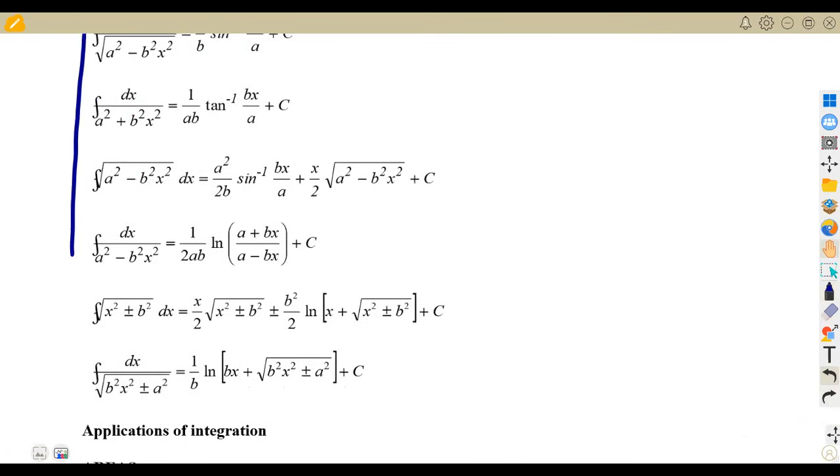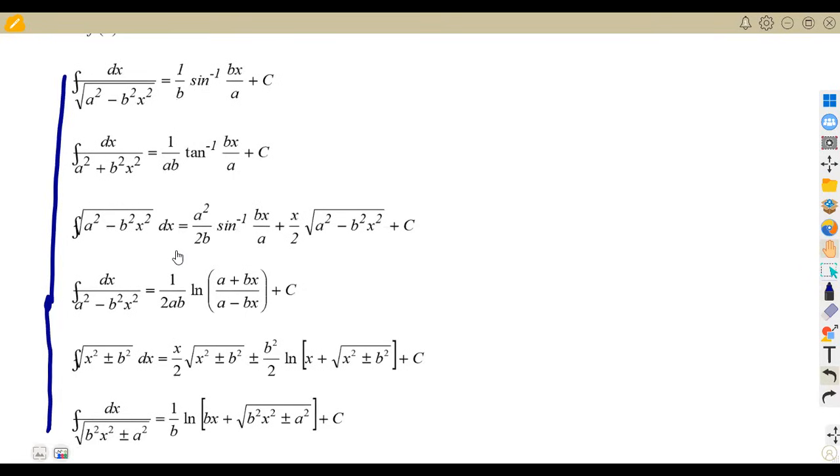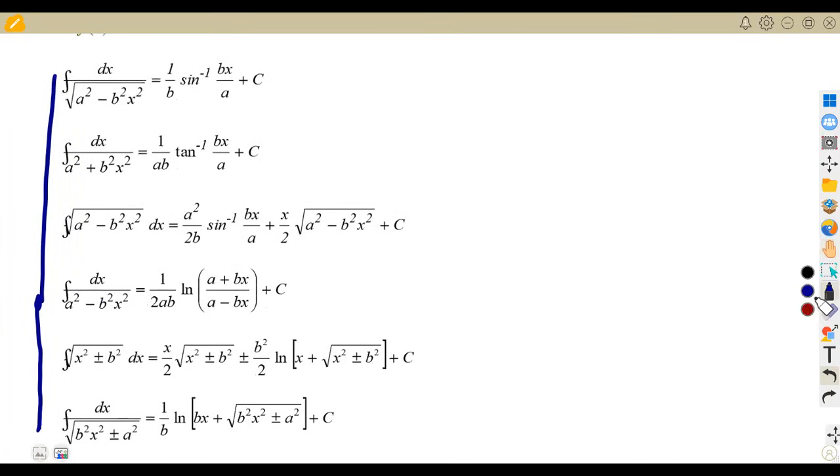These integrals are the ones that you use to answer a question under the completing of the square. You form something that is going to be meshed with one of these integrals that are presented on the left-hand side.